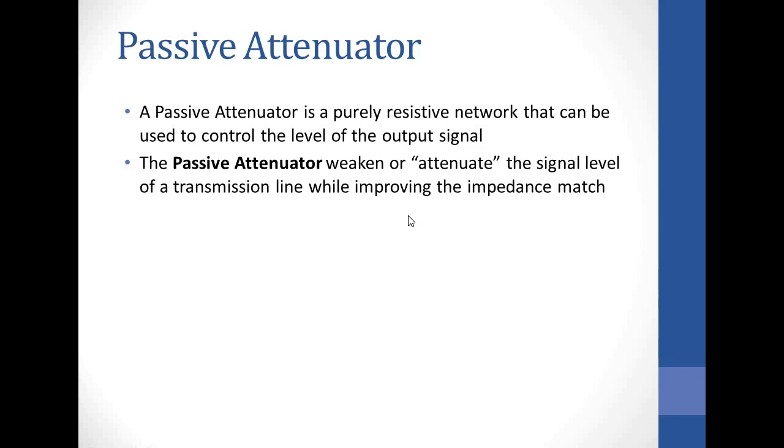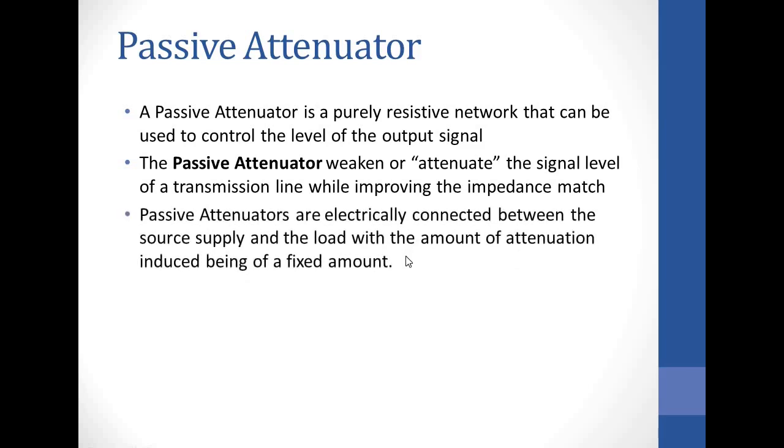When we are talking about matching, we are saying that the source should have the same impedance as the load, so that when we connect the two, there is no mismatch. When you connect an output to your attenuator, the input of your load should be equal to the output of that attenuator, so that when you connect the two, they match.